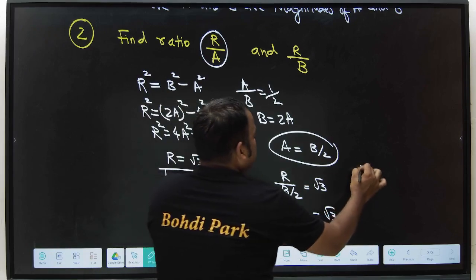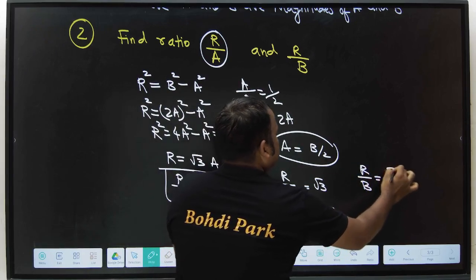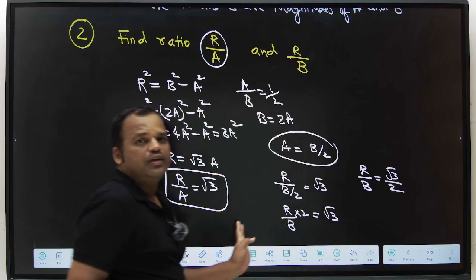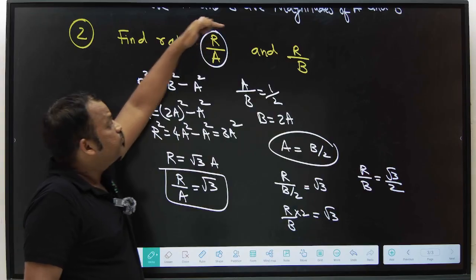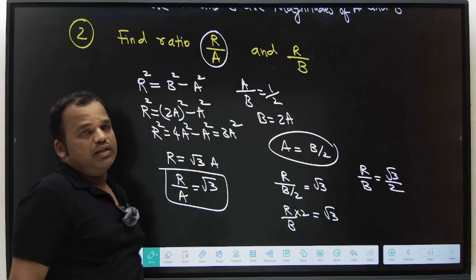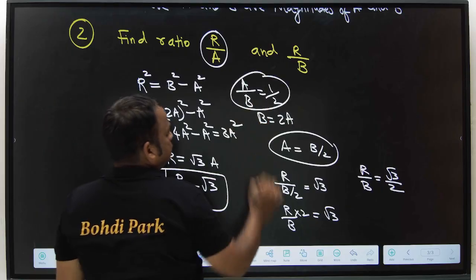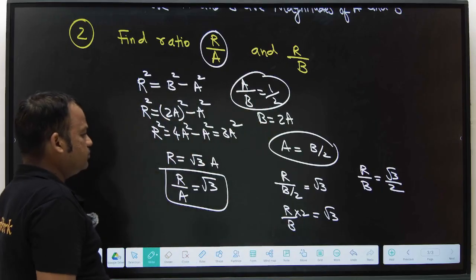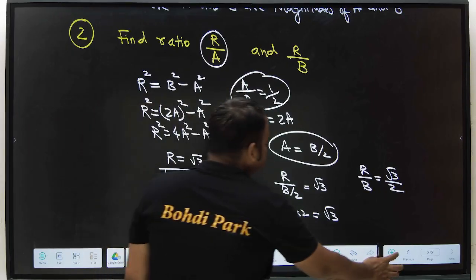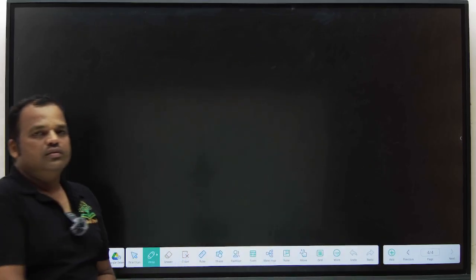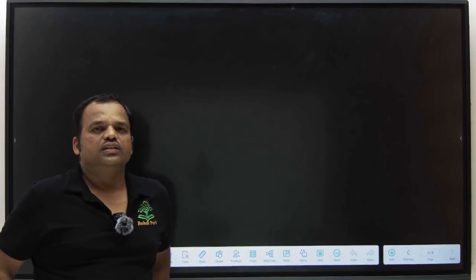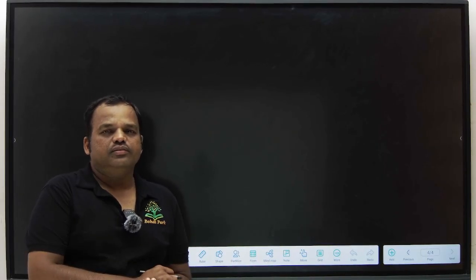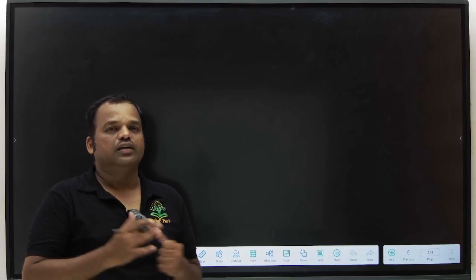So we have r by b is equal to root 3 by 2. So we got all our answers, r by a, r by b and a by b. Let's do another short trick series in vector itself, in which we will use triangle law.